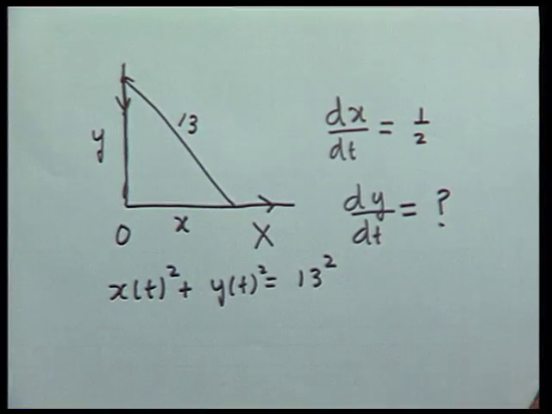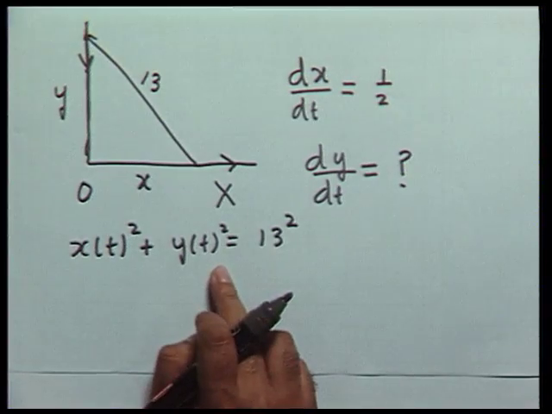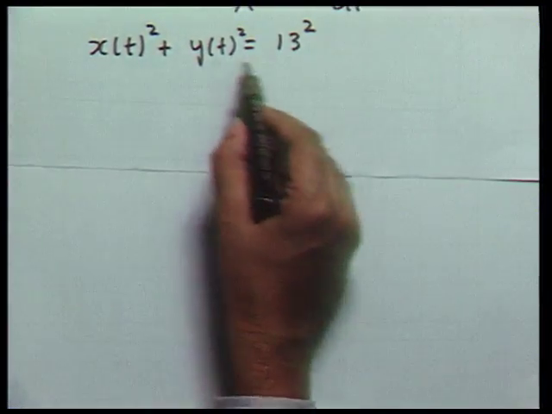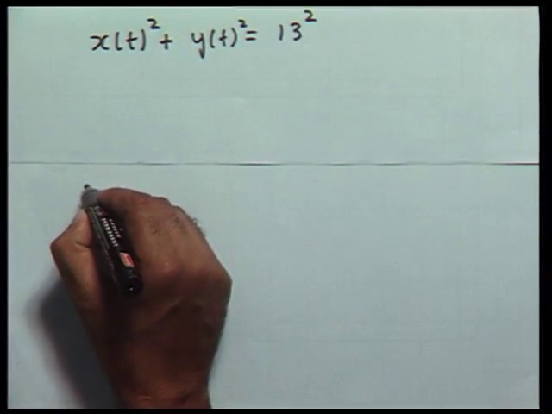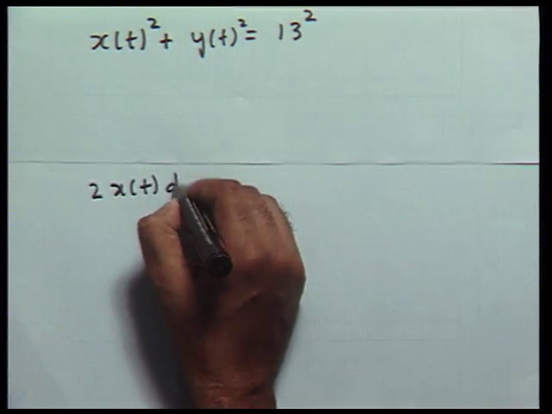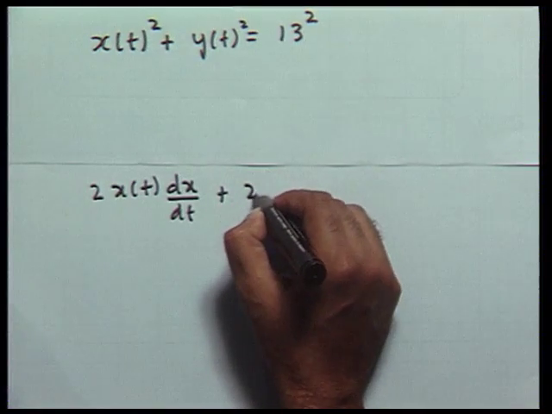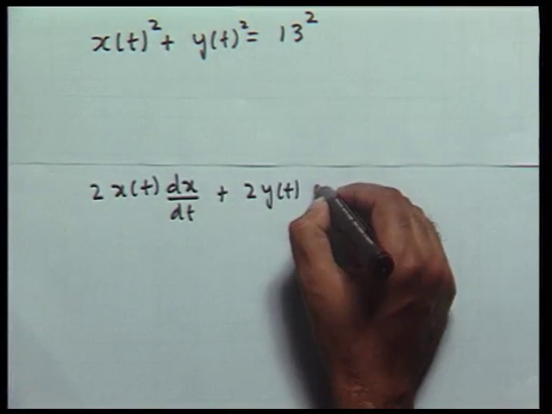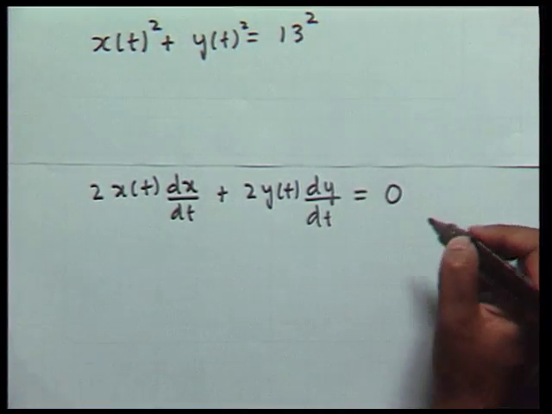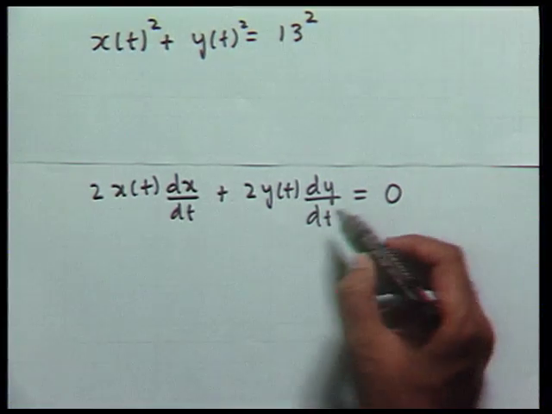Well, how do we do that? Let us just take a look at this expression and differentiate it with respect to t. When I do that, I am going to get 2x(t) dx by dt plus 2y(t) dy by dt is equal to 0. And remember, I need to find dy by dt.